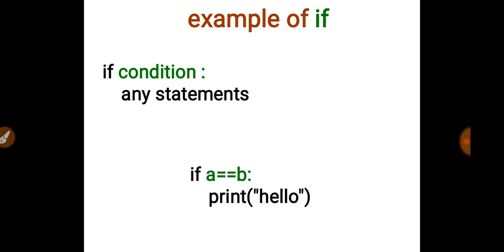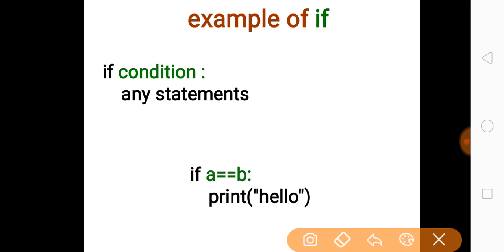So this is about the if statement. Before knowing how to use the if statement, first we need to know the structure of the if statement. As you are seeing in the slide, to write the if statement we need to write the simple if, and after that we write the condition, and these conditions always result in true or false.